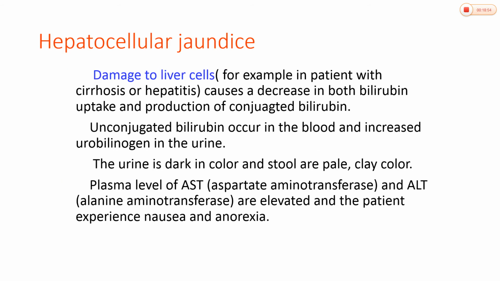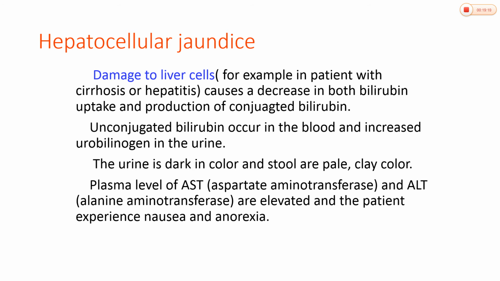The second condition is hepatocellular jaundice, wherein the damage is happening to the liver cells. For example, in patients with cirrhosis or hepatitis, it may cause a decrease in both bilirubin uptake and production of conjugated bilirubin. So the unconjugated bilirubin occurs in the blood, and increased urobilinogen is seen in the urine.